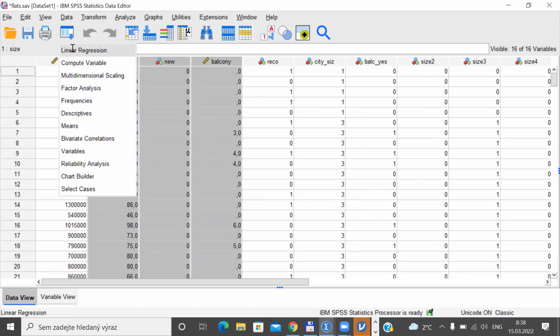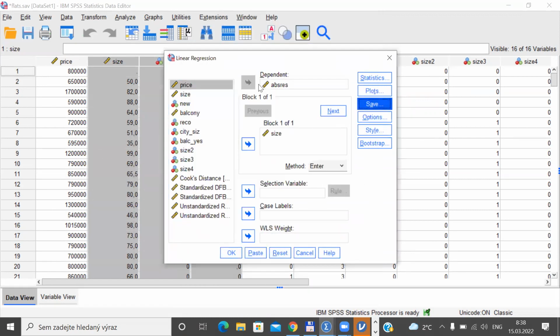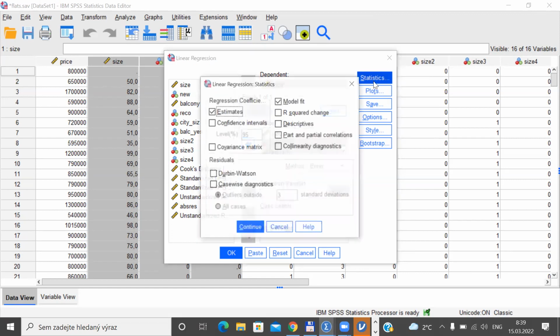So once again, I will go into linear regression. I will only cancel options for saving residuals. Price would be dependent, size will be the first independent, and new and balcony will be the second and the third predictor. And if I would like to find some multicollinearity diagnostics, I guess it is included in statistics here.